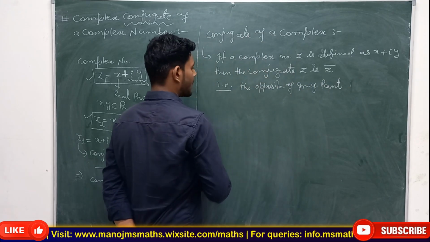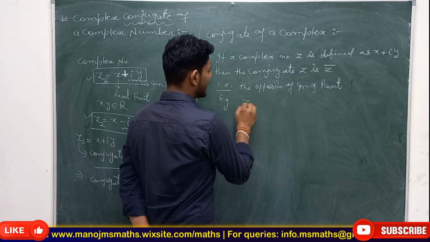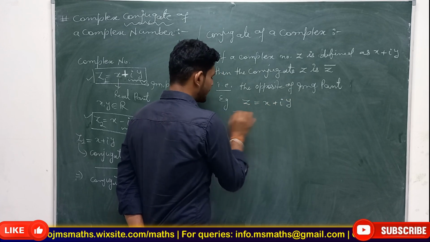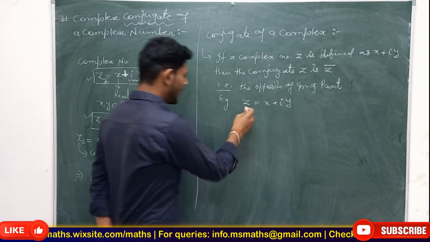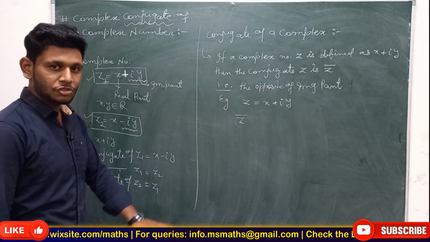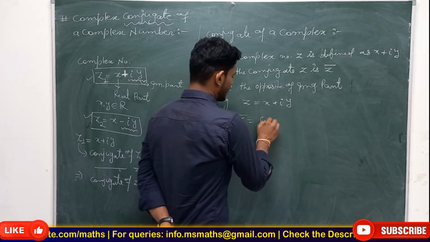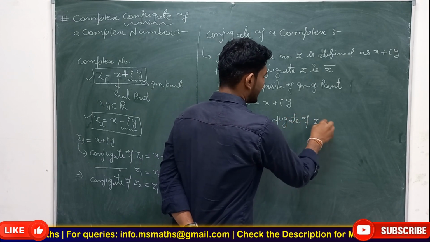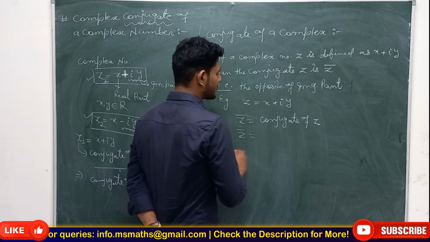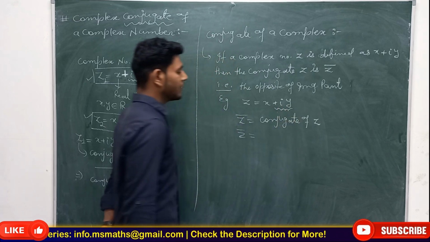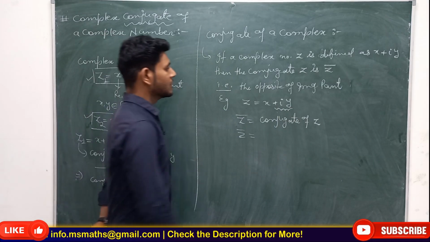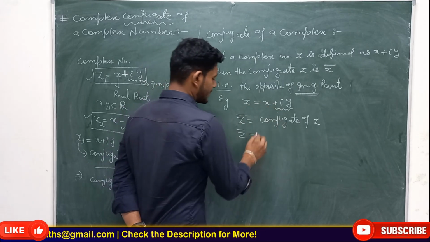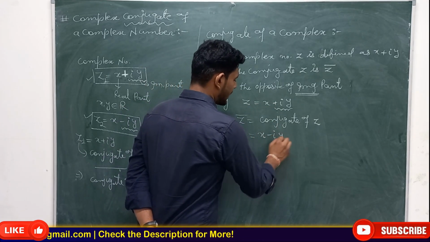For example, if your z is equal to x plus iota y, then the conjugate of it, denoted by z bar, is nothing but the conjugate of z. And z bar is equal to the opposite sign of its imaginary part. What is the sign? It is plus, then it is x minus iota y.